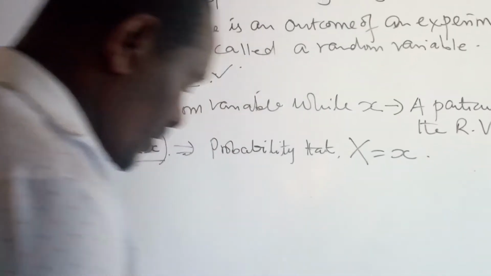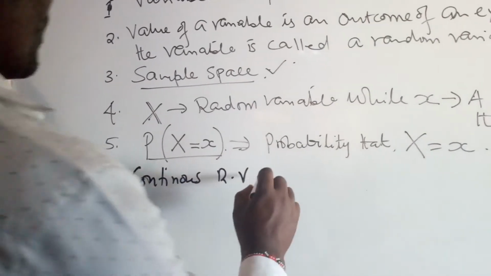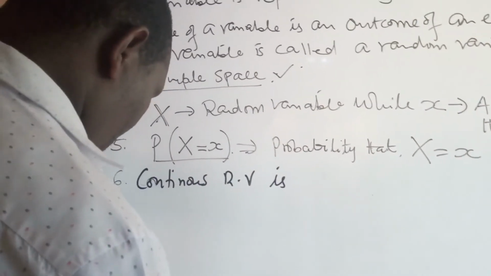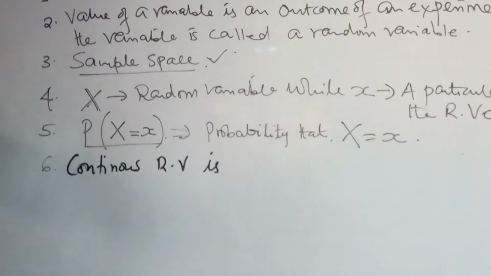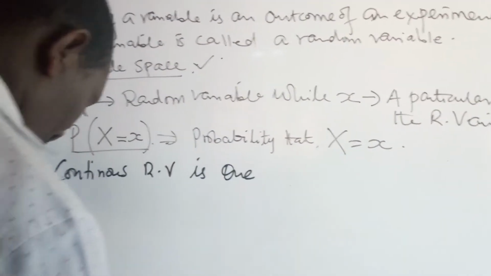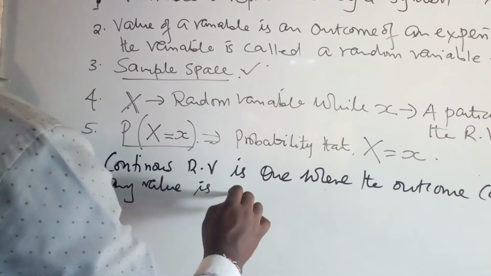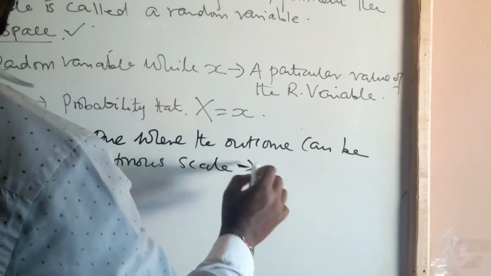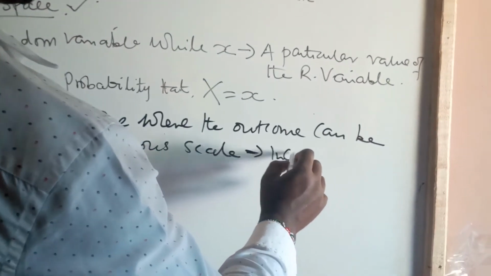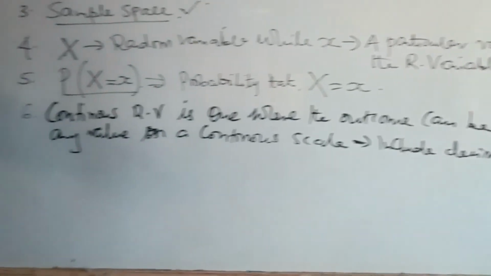What does a continuous scale include? It includes decimals, because when we talk about decimals, that becomes a continuous variable.